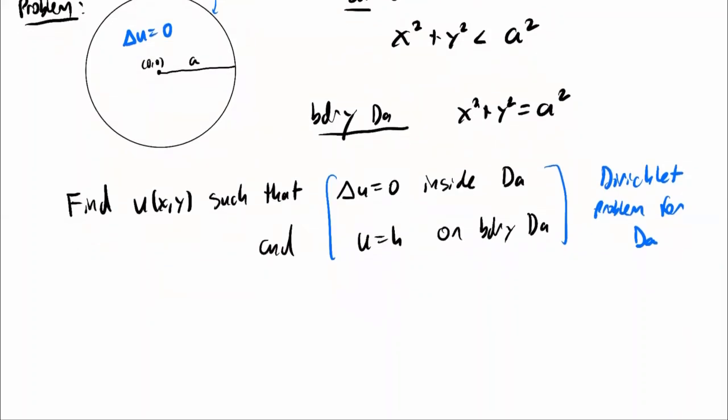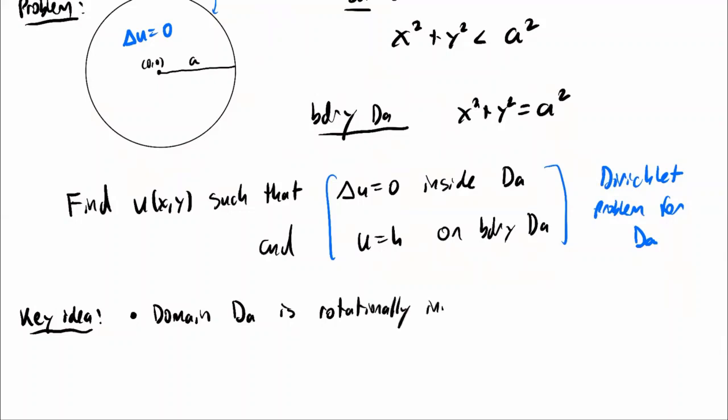Right, so this is the key idea. The first point is that, well, the domain D_A is rotationally invariant, meaning if I rotate the domain about the origin, it doesn't change the domain, right? If we rotate about the origin, the domain stays the same.